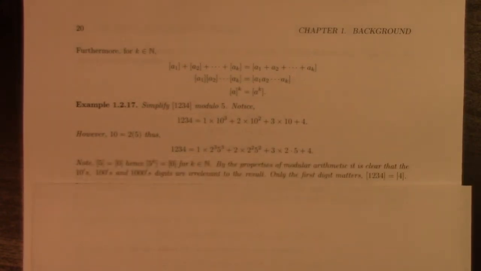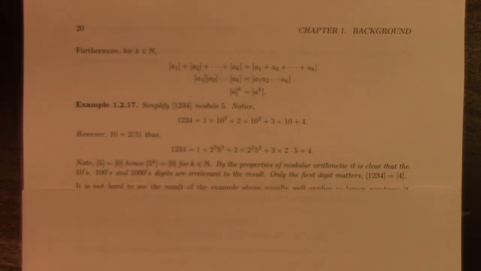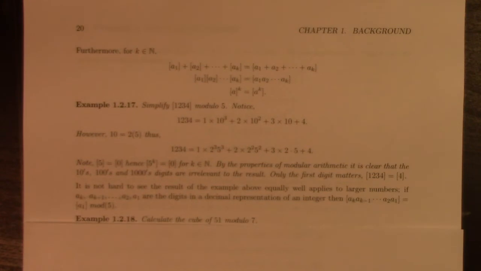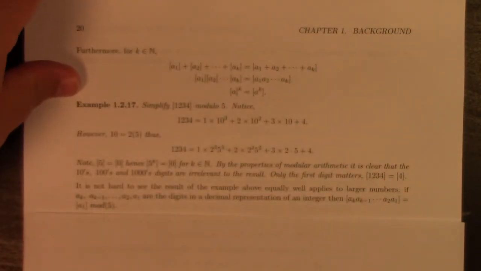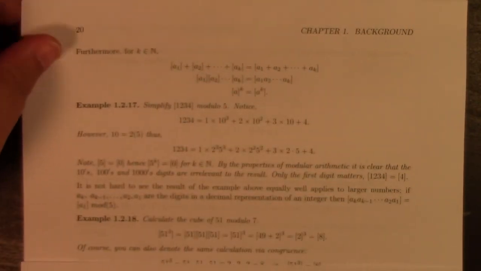So in other words, the equivalence class of 1,234 is just 4. And in fact, if you had a larger decimal representation of some number, only the ones digit actually matters, because everything else is going to be congruent to 0 once you expand it out in the base 10 representation.